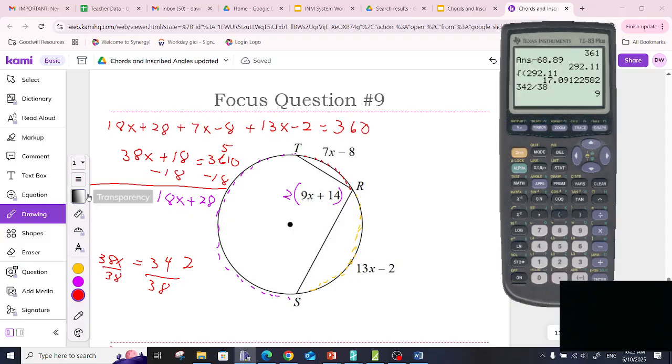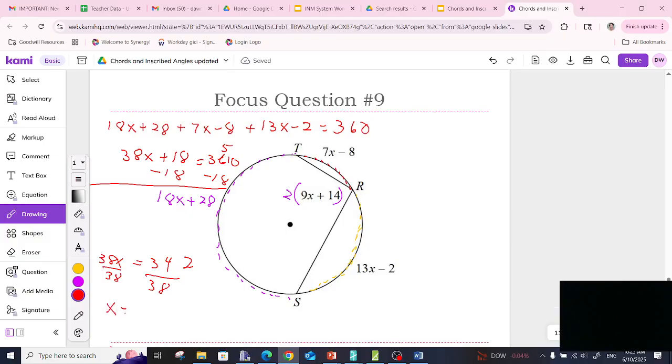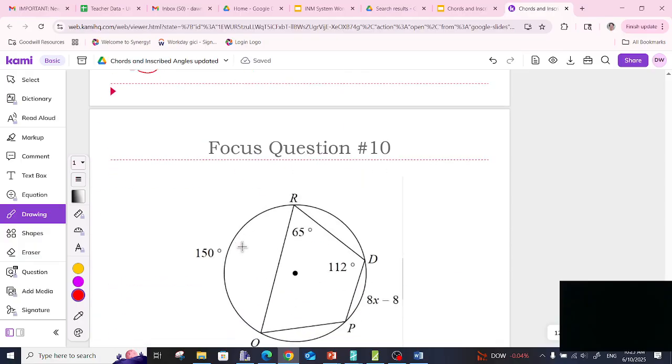And that equals 9. All that work to get 9. And depending on what the question would have asked, I don't like this part because it doesn't tell me. I could find arc RT or arc RS, or I could find the inscribed angle, right? Okay.